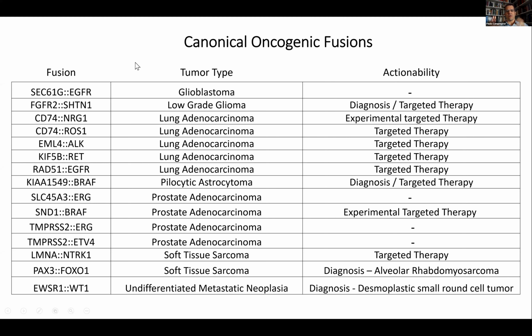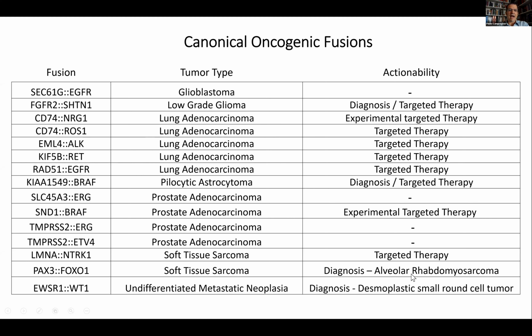And by canonical, I mean the two partners have been described with the same breakpoints for both partners in the literature. So we don't have to spend a lot of time curating these fusions because they are very well-known fusions. So we see here many different tumor types, gliomas, glioblastomas, lung adenocarcinomas, prostate cancer, sarcomas.